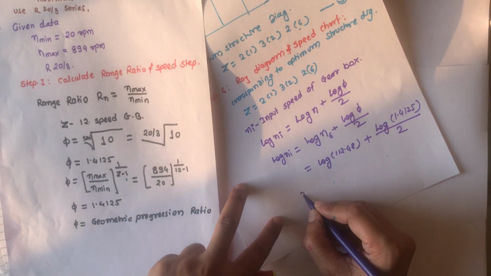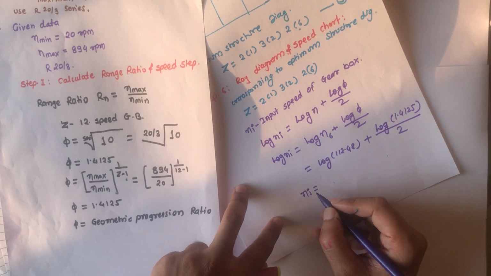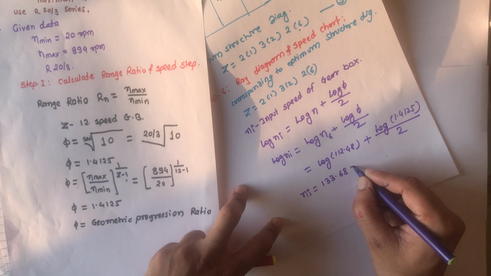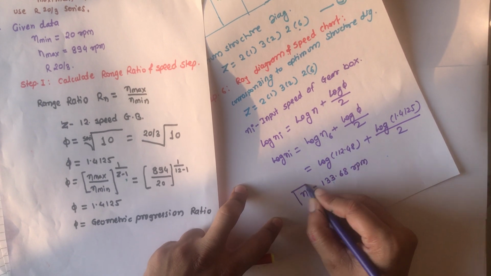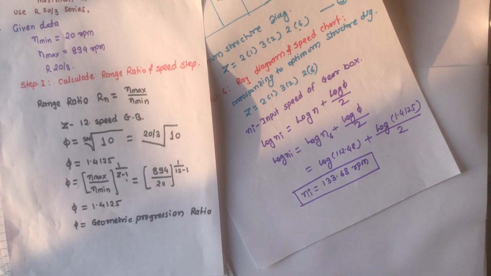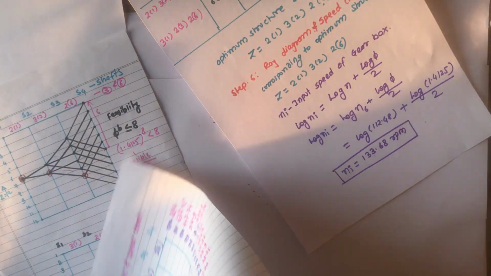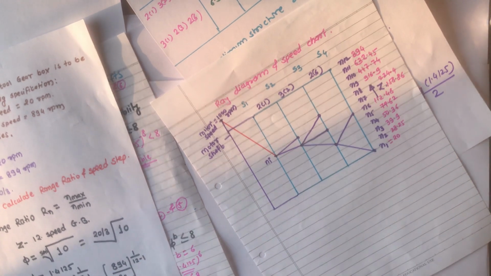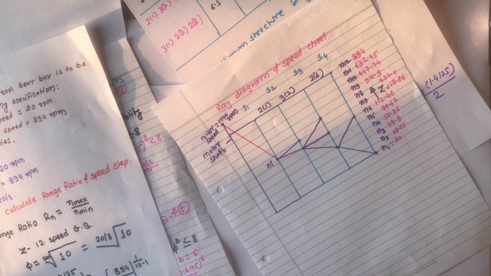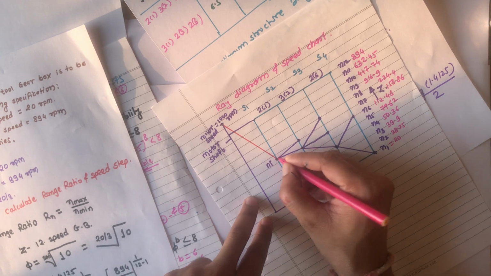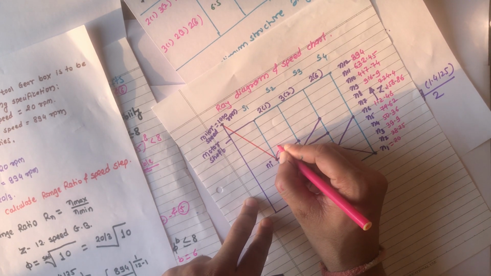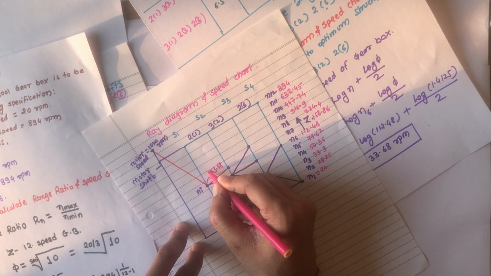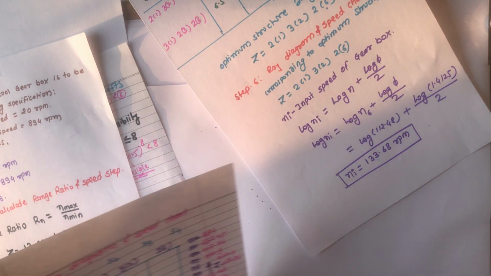So you will get ni. Ni is 133.68 rpm. This is your input speed of the gearbox.